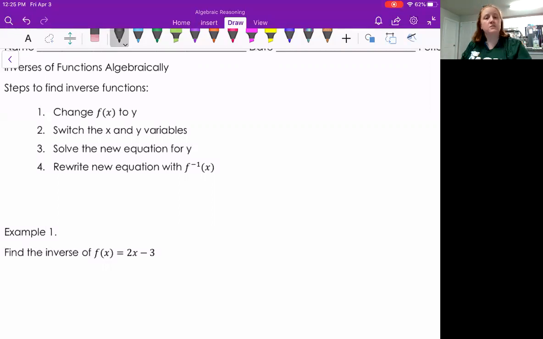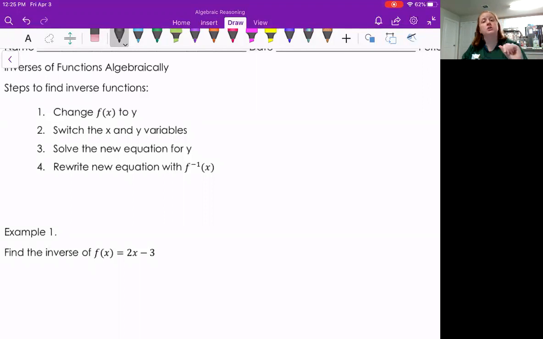Step 1, like it says there, change any f of x to y. Normally our equations so far have been f of x equals, so now we're going to change that f of x to a y. So we have y equals. Once we're changed over, second step is going to be to, like before, switch those x and y variables. Switch those letters out. Wherever you see a y, change it to an x.